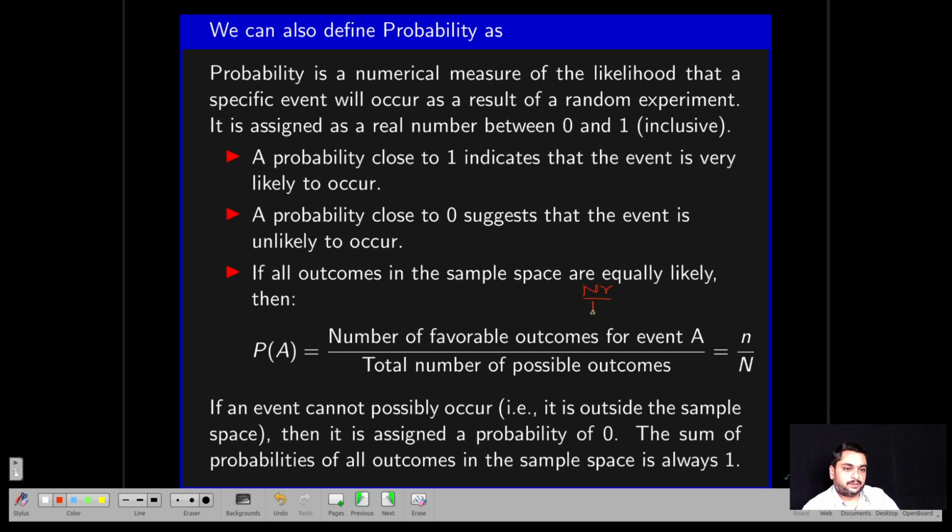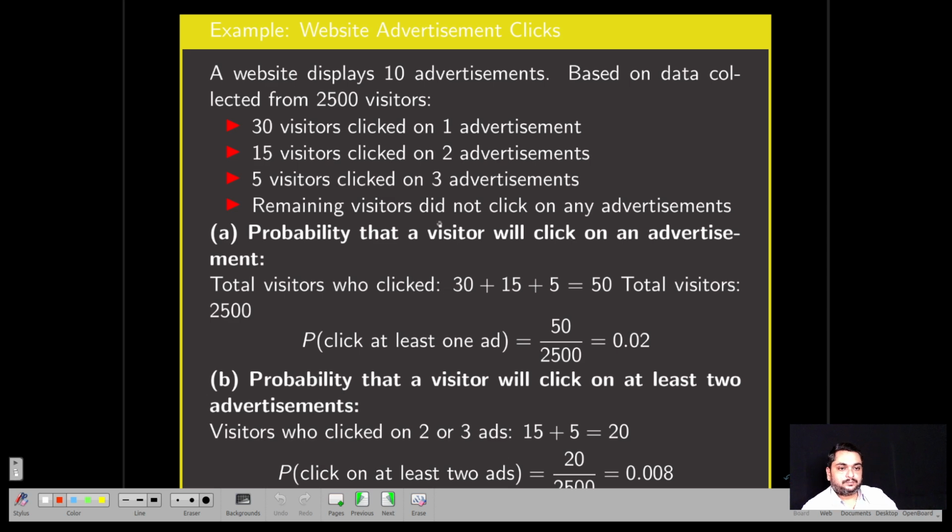In the numerator, you take the number of favorable outcomes for event A. Which one are you favorable with? For example, getting 2 on the die. That is an event. How many can occur, we represent by n, and the total number of outcomes by capital N. So in that die example, occurring of 2 is one way, divided by total 6 outcomes, 1 by 6. That is how you define the probability.